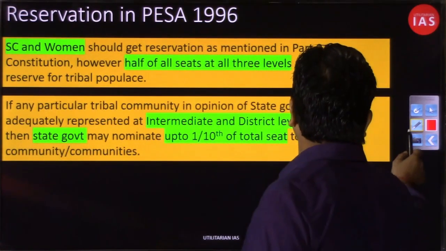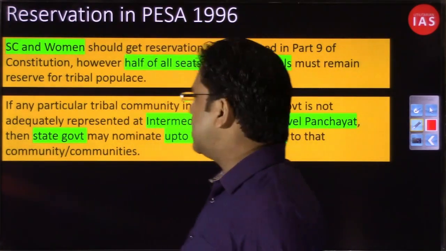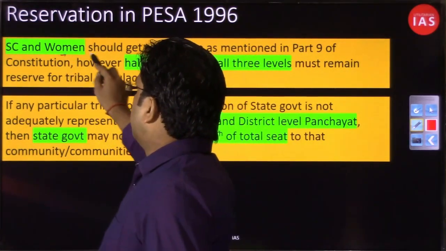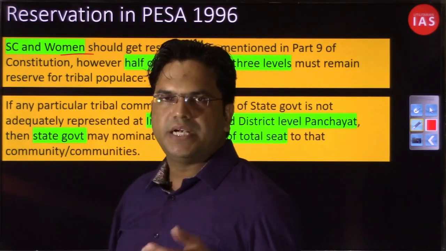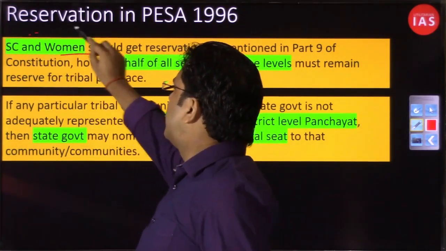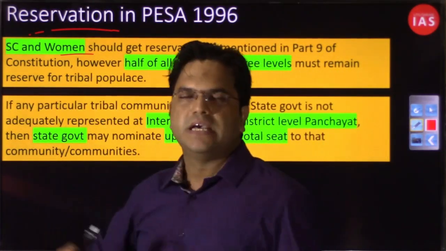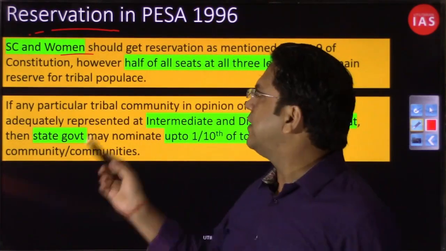But here in PESA, because the emphasis is the tribal community, right, the reservation has been given to the SC community and women. What amount of reservation will the SC community in these areas get? The provision will remain the same: whatever percentage of population the SC community has, in that proportion they will get the reservation.